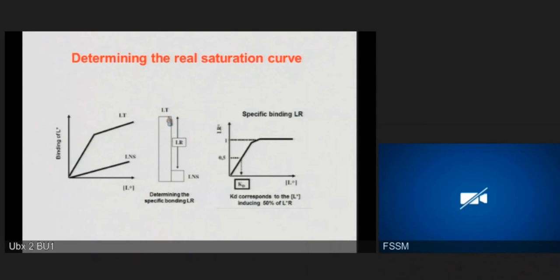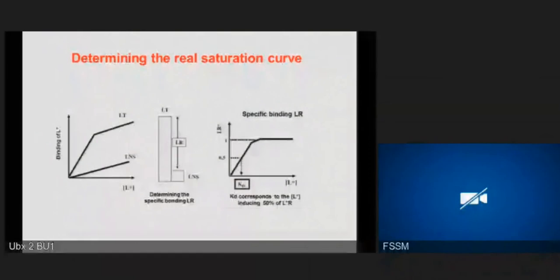Then for each concentration you withdraw the non-selective binding, and you get on the right side here the specific binding, which reaches a saturation, of course, because you cannot have more than 100% of binding.